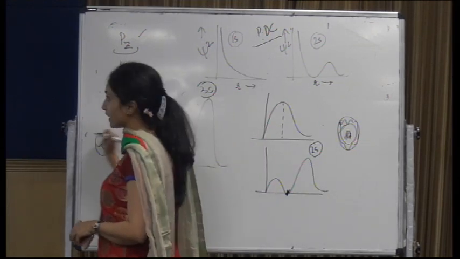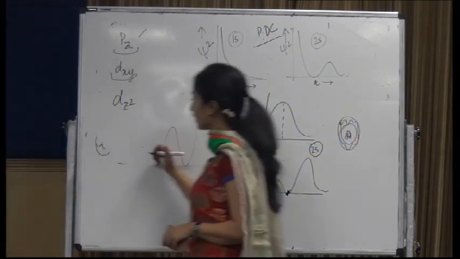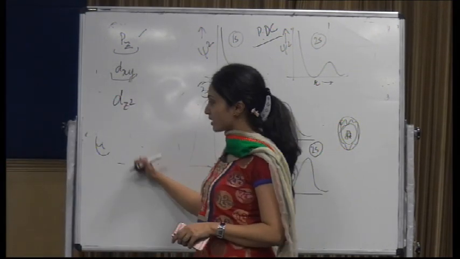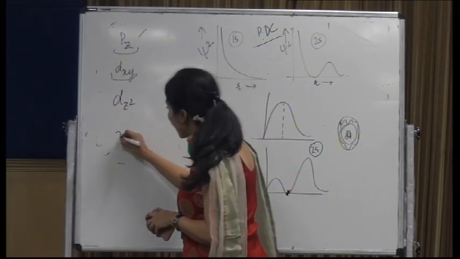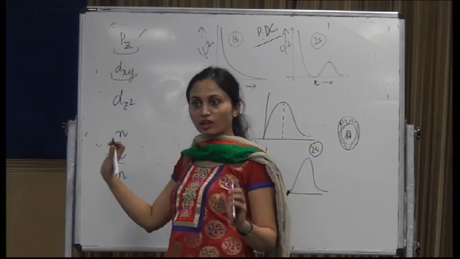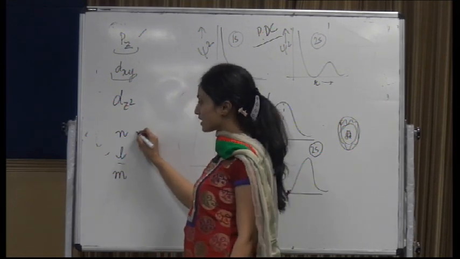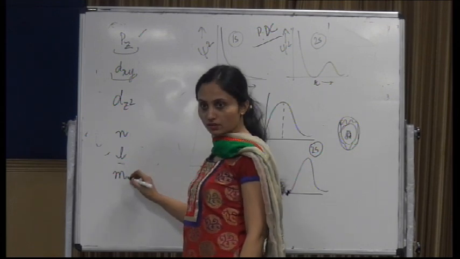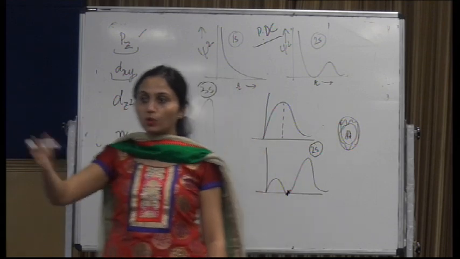Now the next three questions will be taken up. We have three quantum numbers that we get from the Schrodinger wave equation. What are those three quantum numbers? N, L, M. Today's class is focusing on the quantum model and quantum numbers only, so get a clear understanding. N is the principal shell and can take values 1, 2, 3 and so on.